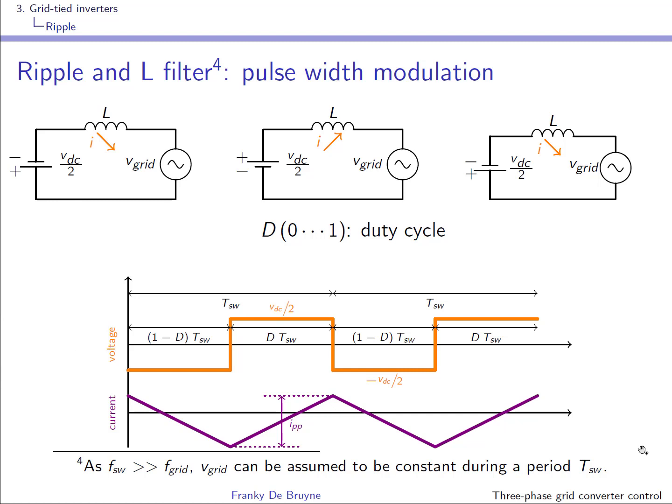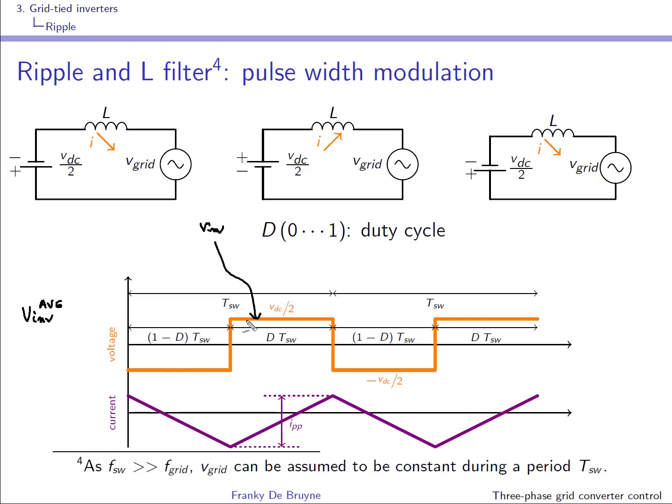So using the duty cycle, you can decide on the waveform that you have over here. This is the inverter voltage at the output, and you can also decide on the average value of your voltage at the output of your inverter.